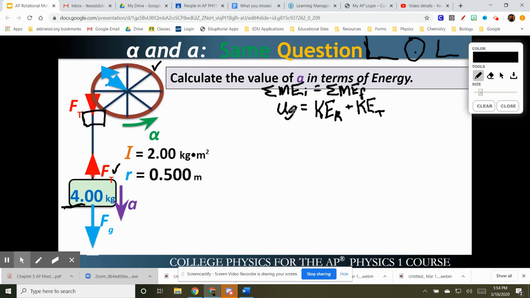U_G equals the rotational plus the translational kinetic energy, and y'all need to give me that derived expression. Okay, so what is that expression derived to?